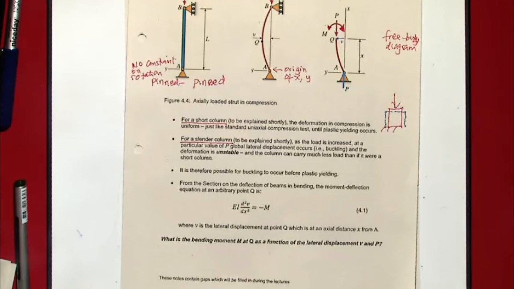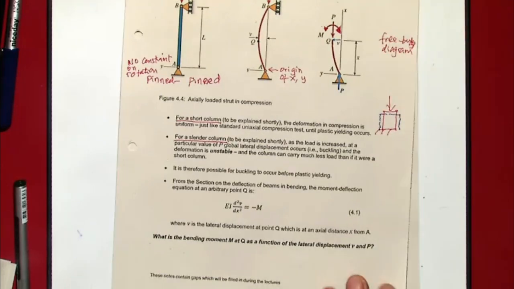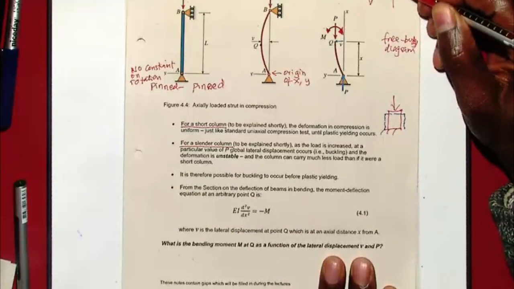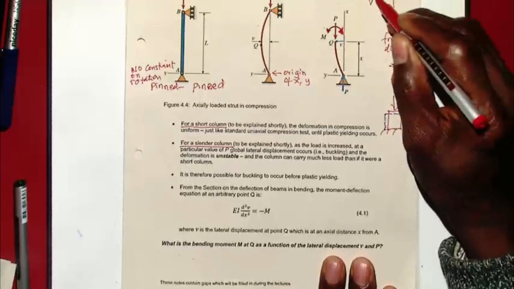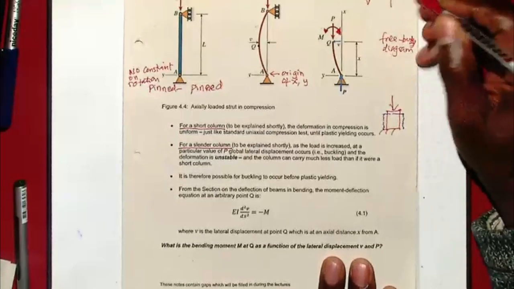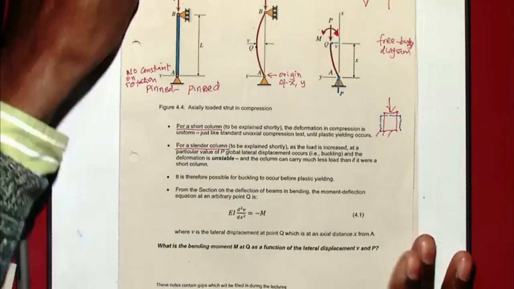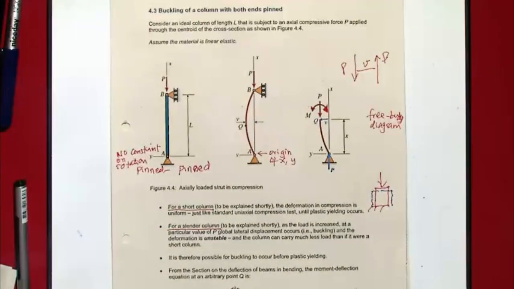Moment is the product of the force and the distance between the line of action of the force and the point about which you are taking the moment. My force is P, acting downwards, and P upwards, and the distance between them is V. So what is the moment?